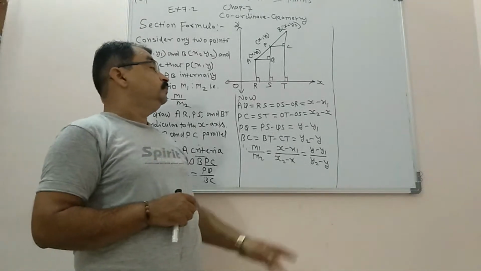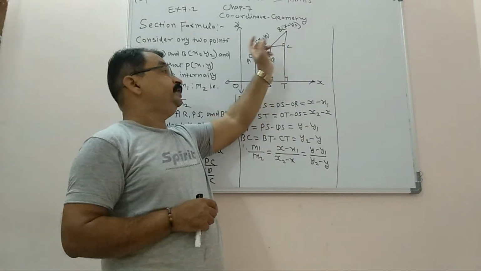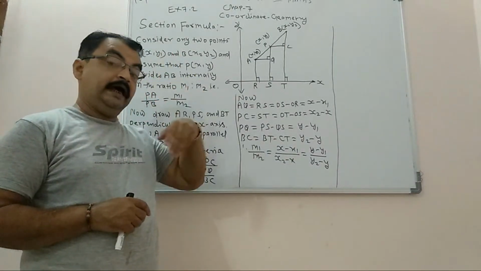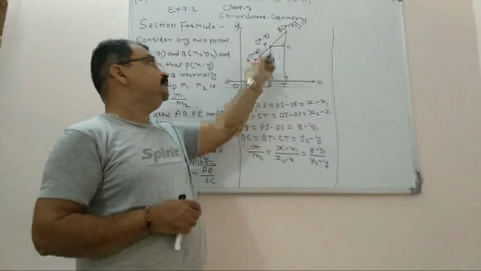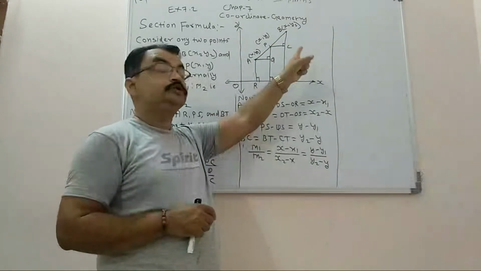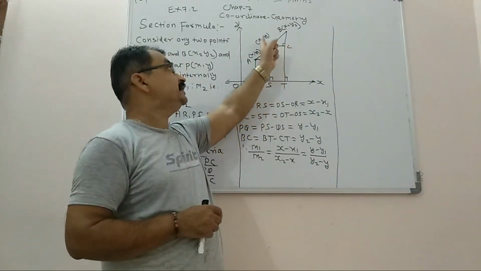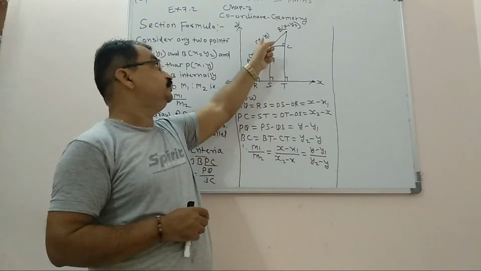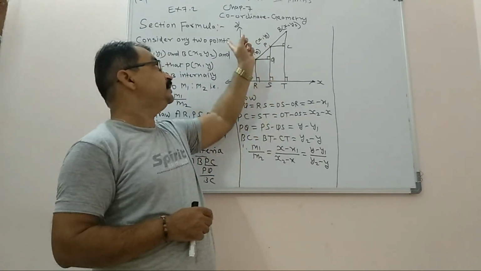Now, what is the role of P? The point P, assume its coordinates. Since for AB I have taken x1, y1, x2, y2, so P you take as x and y. Of course, when you come towards the x-axis you take x, and on the y-axis you take y.